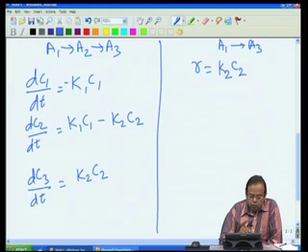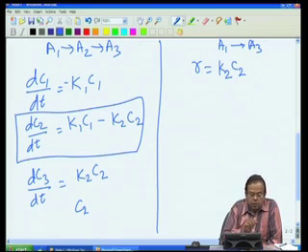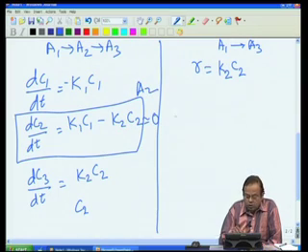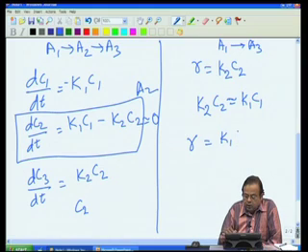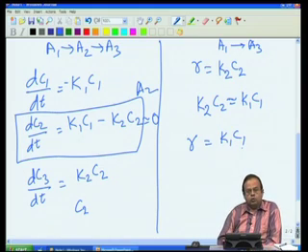So, what I can do is invoke quasi steady state approximation for this particular species A2, or set this equal to 0. So, if I say that this is equal to 0, then I have K2 C2 almost the same as K1 C1. Therefore, the rate of formation of my product is nothing but K1 into C1.